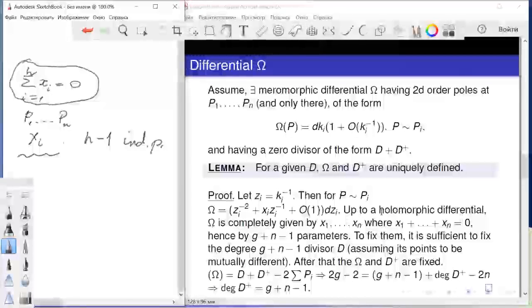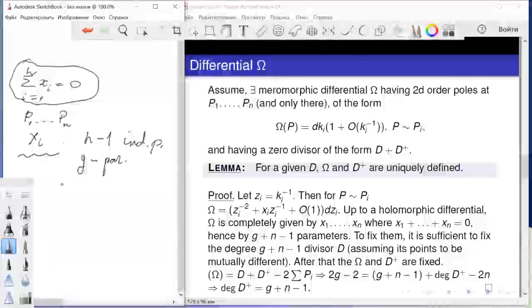And this sentence, up to a holomorphic differential, means that we can add any holomorphic differential, which forms a g-parametric family. G parameters come from holomorphic differentials.